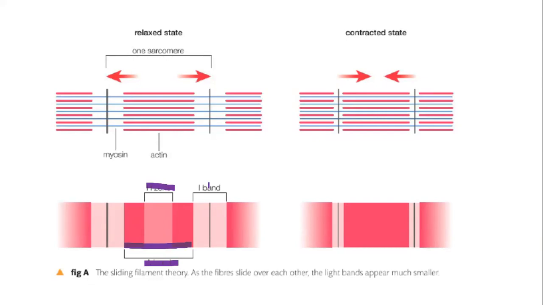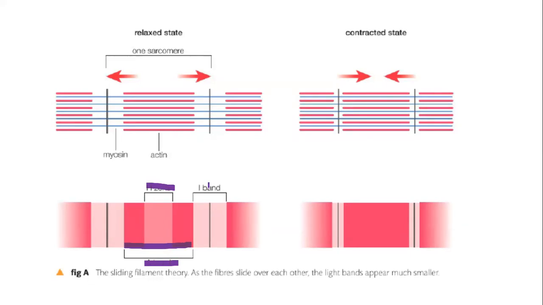So when we talk about it, the sarcomere actually consists of these two proteins, actin and myosin, which overlap to form the characteristic stripes of the striated muscle, right? And observations of micrographs basically show that whether a muscle fiber is contracted or relaxed, the A band will remain the same length.